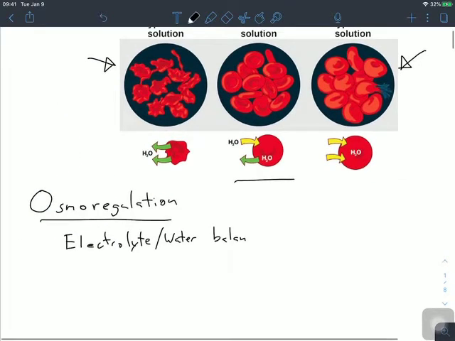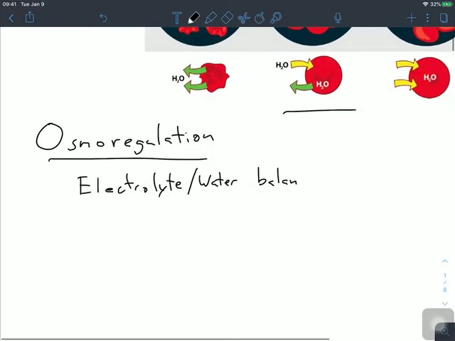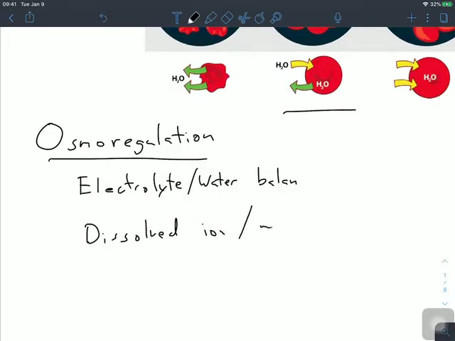So when we're talking about the electrolytes that are present in our bloodstream, we're of course talking about dissolved ions or molecules, because water dissolves many things, based on their electronegativity.